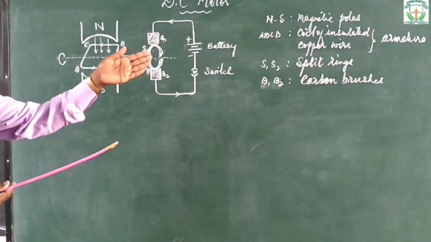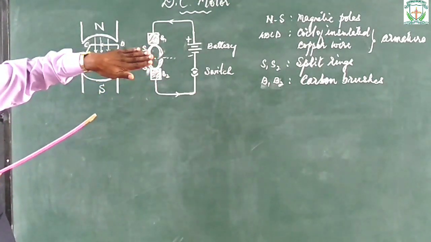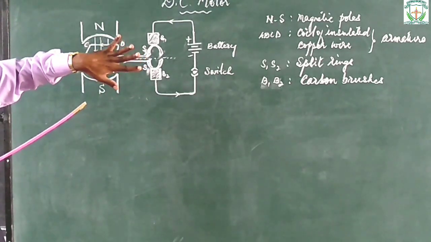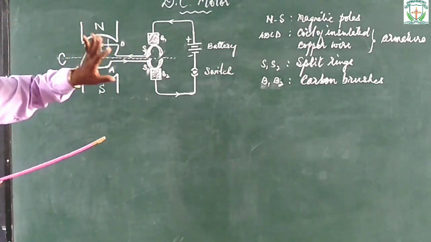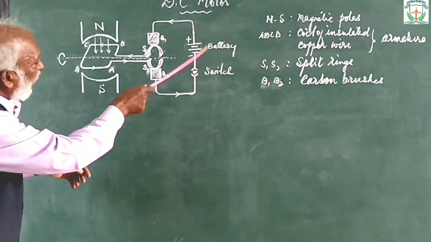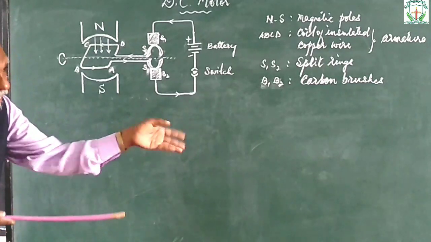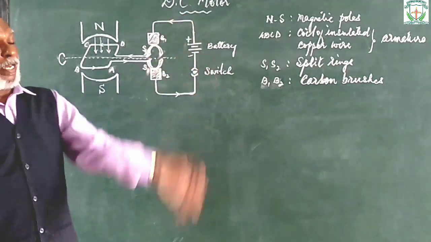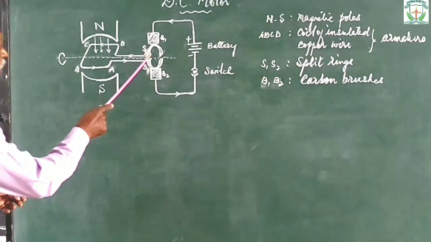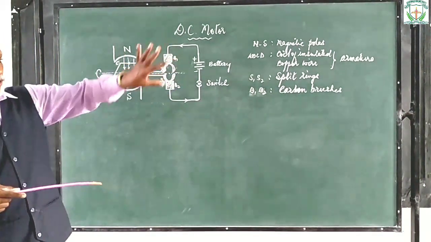So the armature coil makes the second 180 degree rotation. Both half cycles together, as long as the current flows, the coil keeps rotating in the same direction.